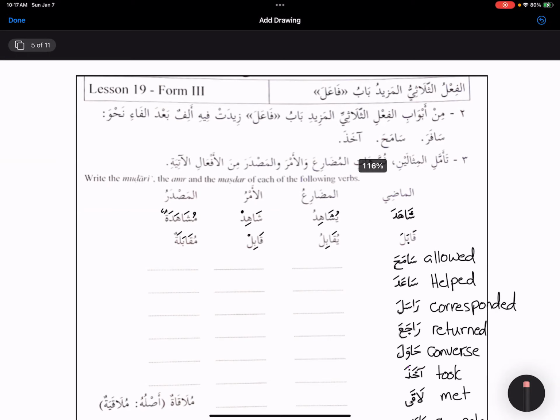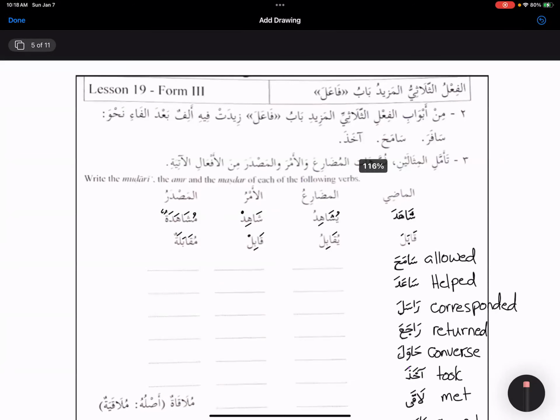But when we say thulathi mazid, that means the root letters are three, but there are some extra members in there. So that is the difference. Al-fi'lu thulathiyyu al-mazid, and this bab is bab fa'ala.